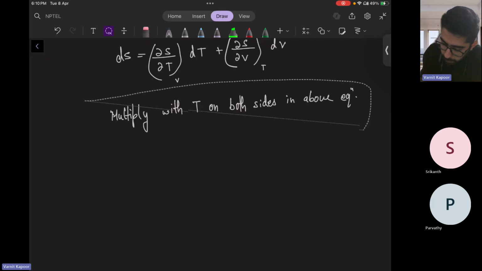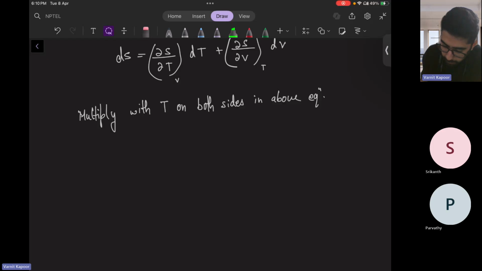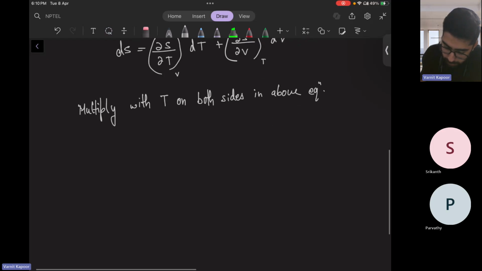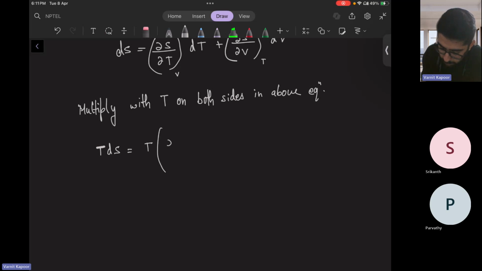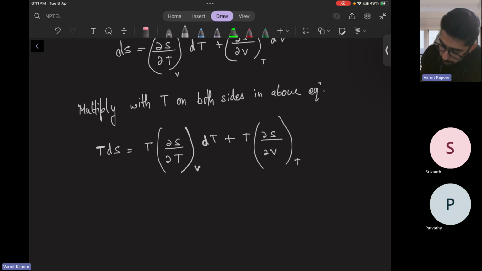TdS equal to T dou S by dou T at constant volume dT plus T dou S by dou V at constant temperature dV. Clear? Any doubts in here?